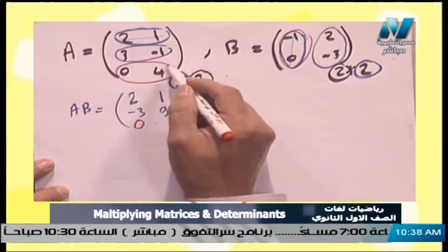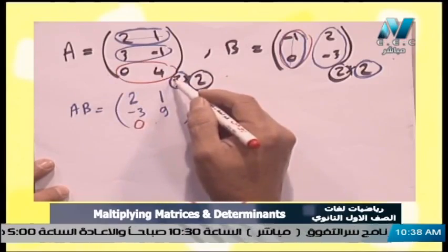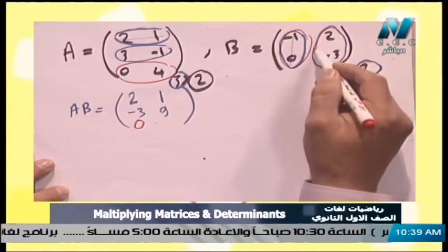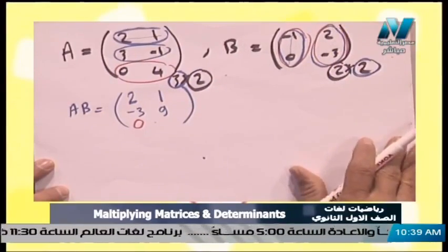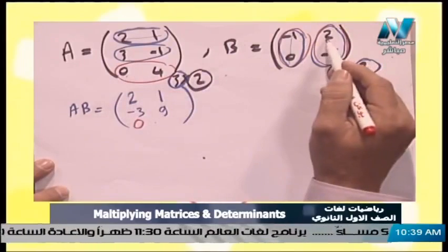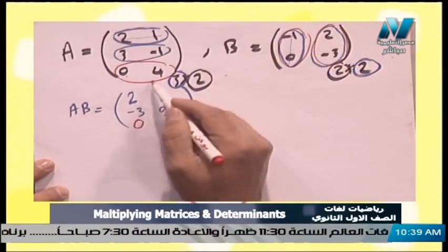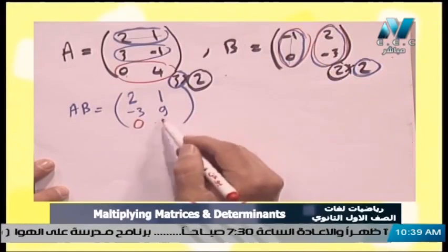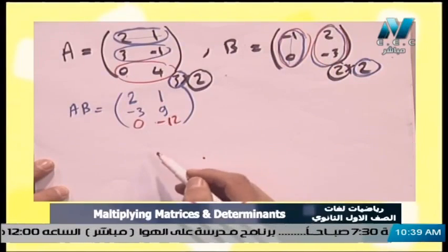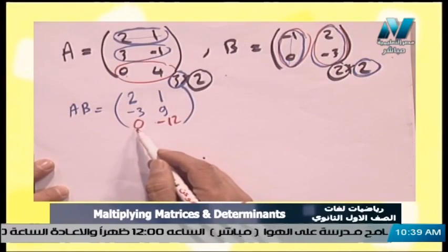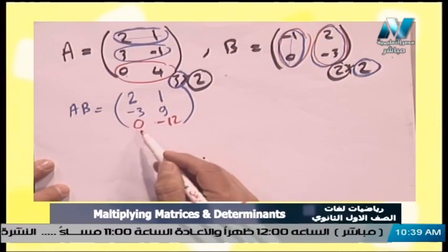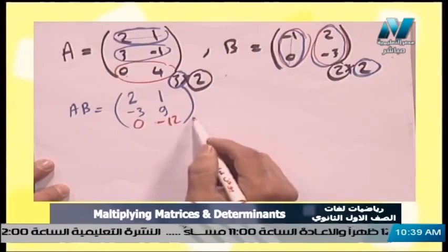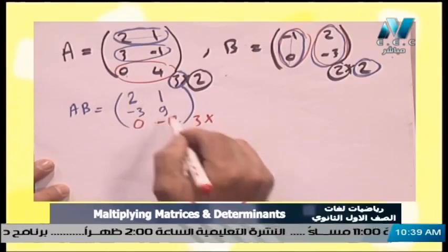And this row will also multiply by the second column. 0 multiplied by 2 equals 0, plus 4 multiplied by negative 3 will be negative 12. And the order of the resulting matrix is 3 rows by 2 columns.